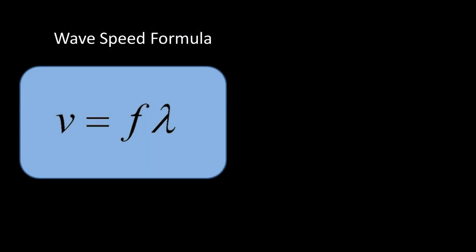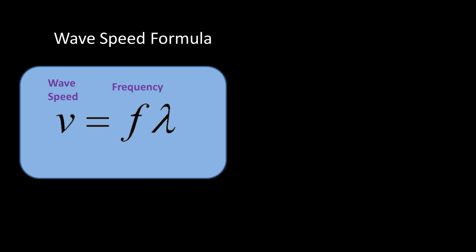All right, next we have a formula, the wave speed formula, and it's v equals f times lambda, that funny little symbol there. And that f is frequency. So the v stands for wave speed, and you can remember it if you remember v for velocity, right?